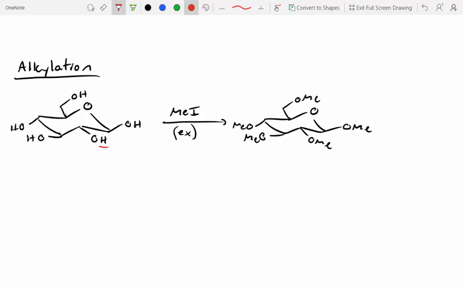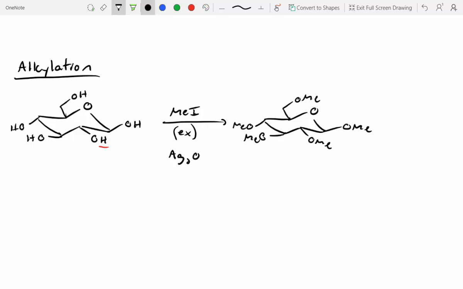We actually don't want to use sodium hydroxide, because sodium hydroxide will do some weird chemistry that we'll see shortly. We need to choose a much more gentle base to help with the deprotonation. And we just saw one last chapter. We use silver oxide, specifically silver(I) oxide.